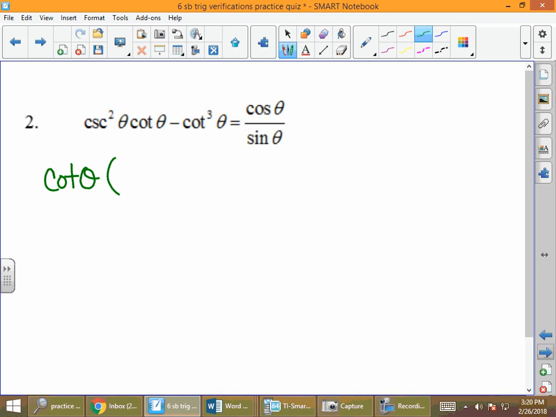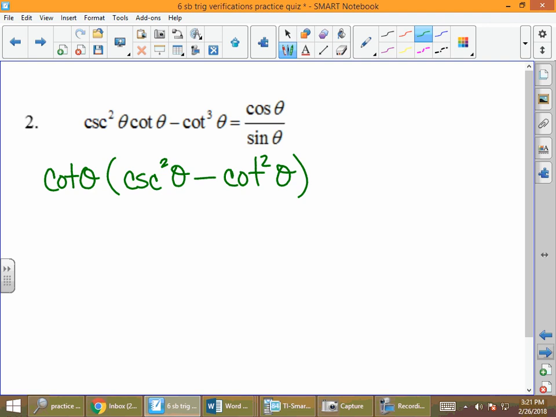When we factor out a cotangent of theta, we have cosecant squared theta minus cotangent squared theta. And we've got squared in there. So we factored out the greatest common factor.